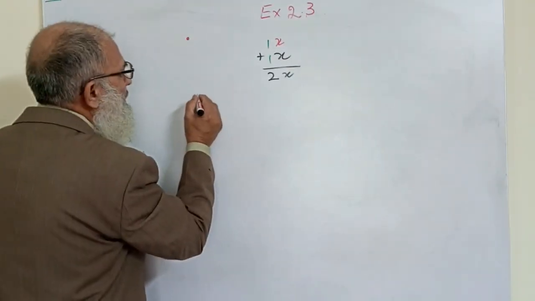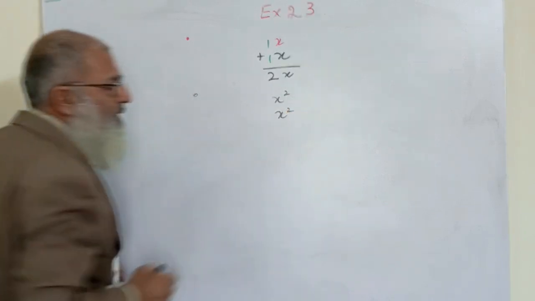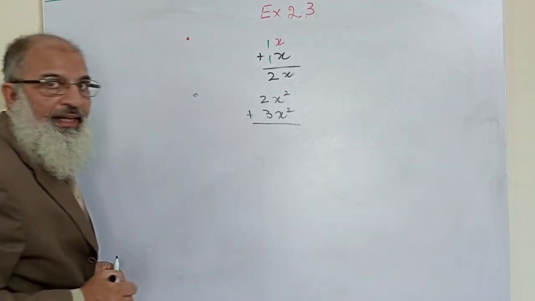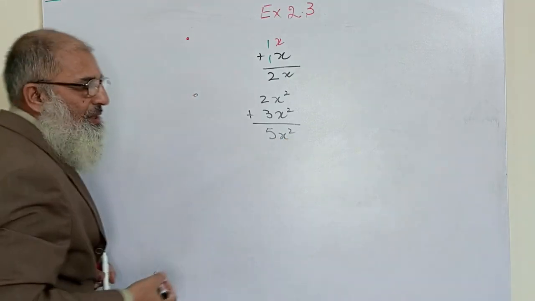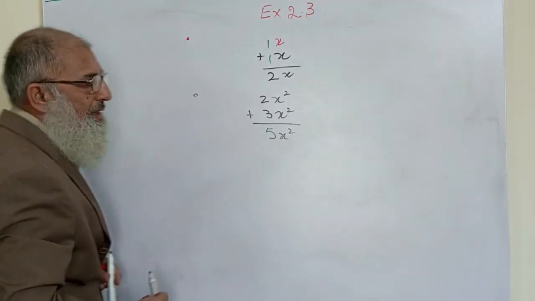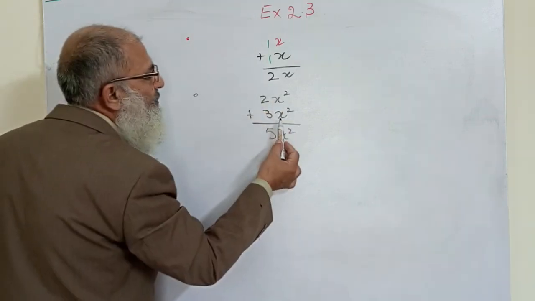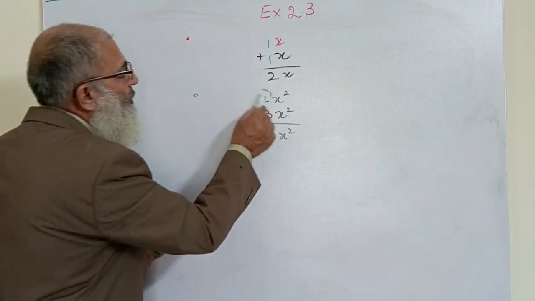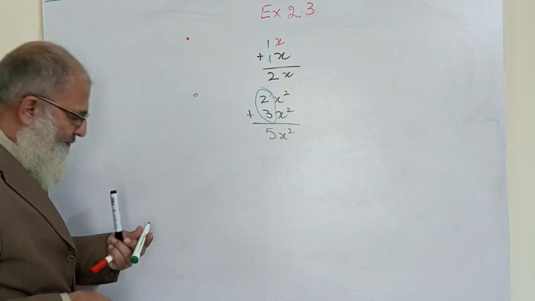And next, if it is of the same degree, for example x square, let us say 2x square and 3x square, these can also be added like this, 5x square. You notice that here again we have written just 5x square. We have not added any powers, but only what we have done is we have added the coefficients of the algebraic expressions.